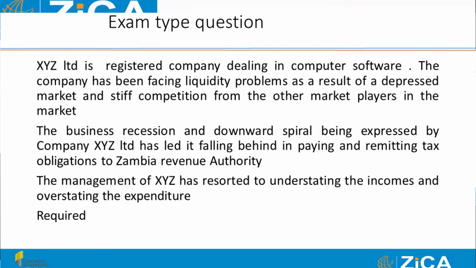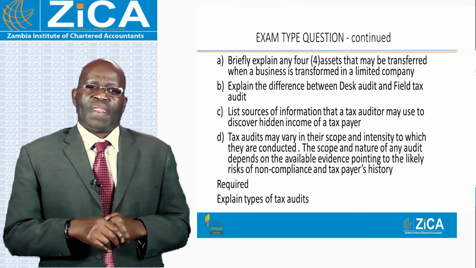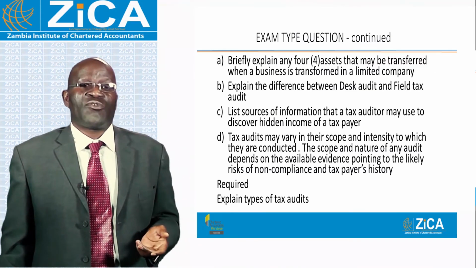The business recession, as it is happening during this time, and downward spiral being experienced by company XY has led it to falling behind in terms of remitting tax and the other obligations to Zambia Revenue Authority. The management of XY has resorted to understating the incomes and overstating their expenditure. Then you normally would have a requirement.